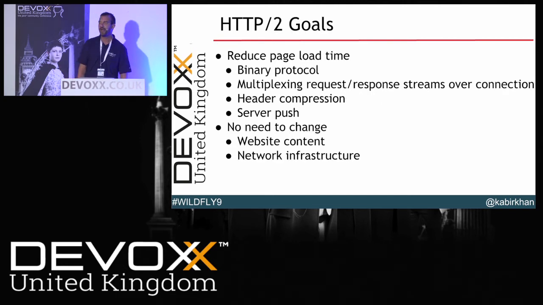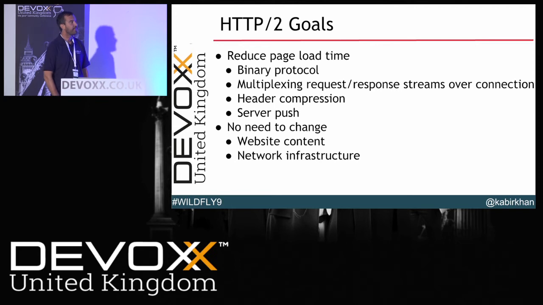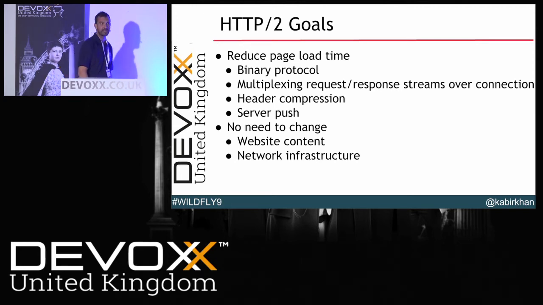So the goals of HTTP2 are to basically reduce the page load time and to have a more efficient protocol than HTTP 1.1. So it's binary, and it can multiplex requests and responses. One connection can handle several requests and responses going back and forward.